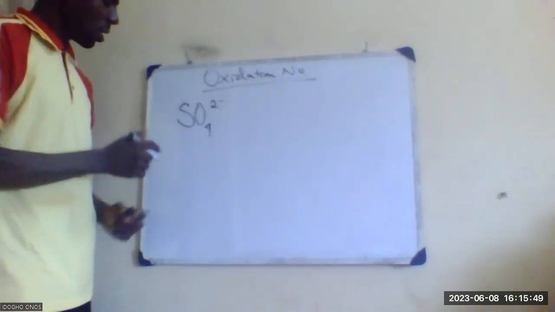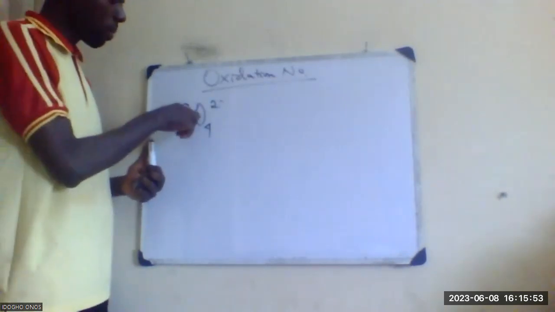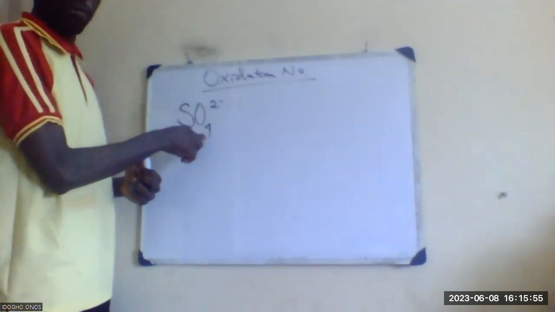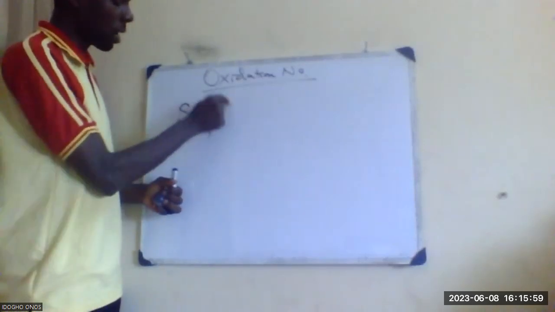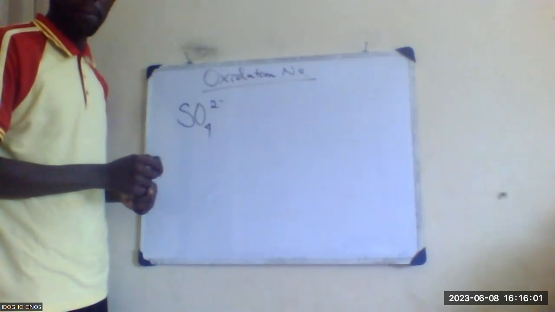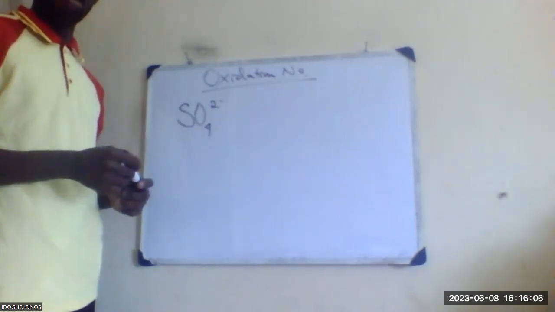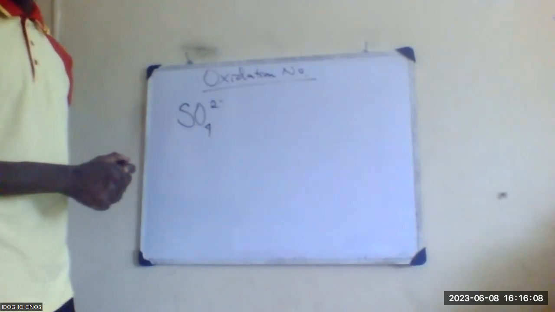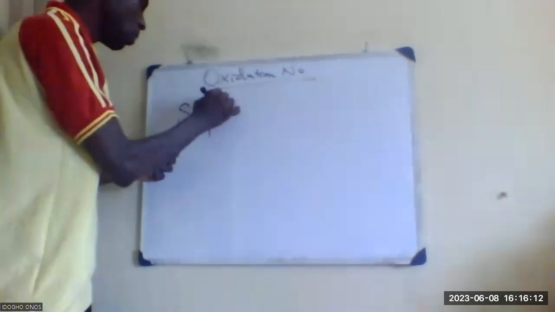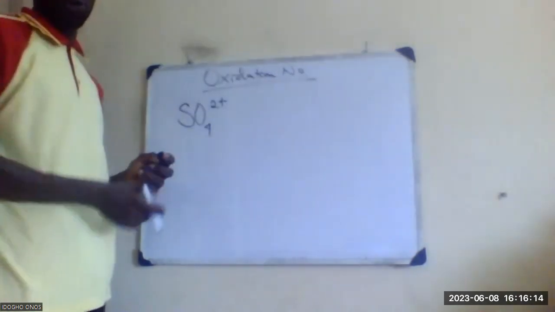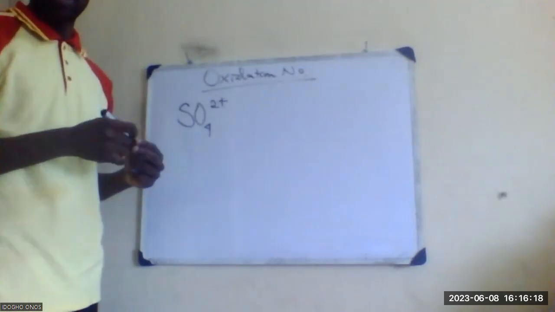In this case, what I will do is oxidation number of sulfur plus oxidation number of oxygen times 4 all equals -2 because of the charge you are seeing up here. Not equal to 0 this time around. Is that taken? Yes, sir. If this was plus, it would be equal to +2. Any sign you see here is what it equals. It's as simple as that.